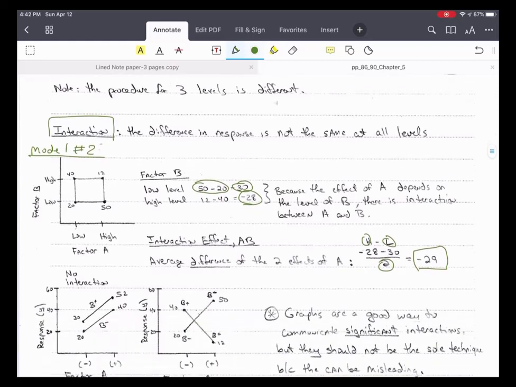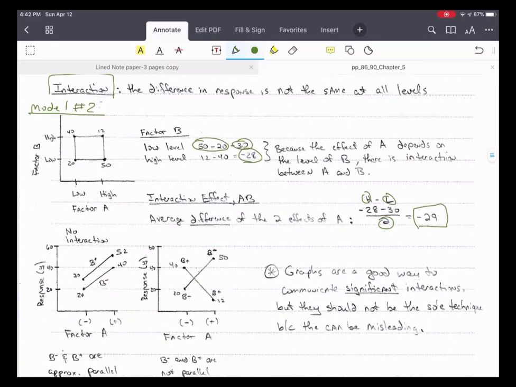So let's take a look at an interaction plot, okay? We have 2 plots here. The first is for model 1, and we have no interaction. What we've done here is put factor A on the x-axis and the response on the y. And then for each level of B, we have a different line.